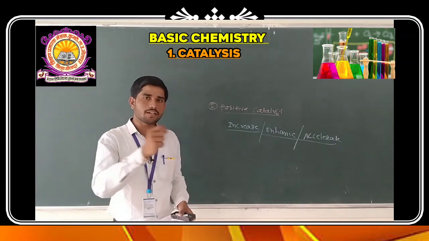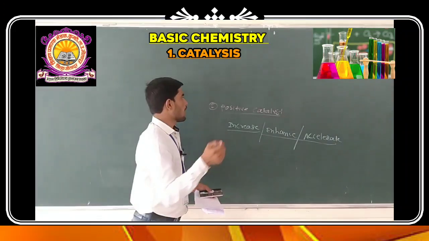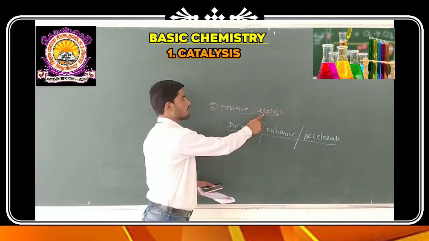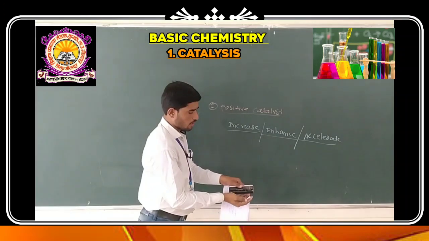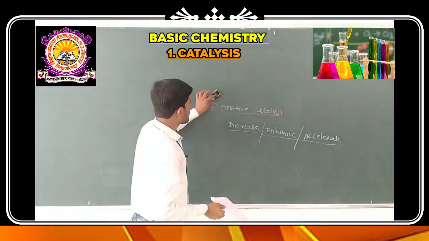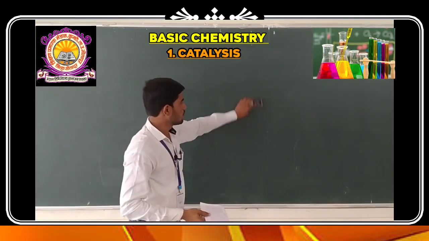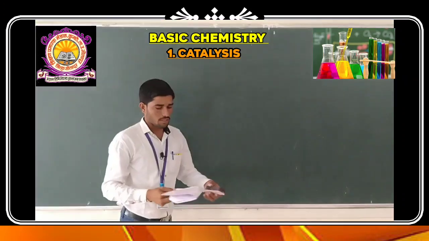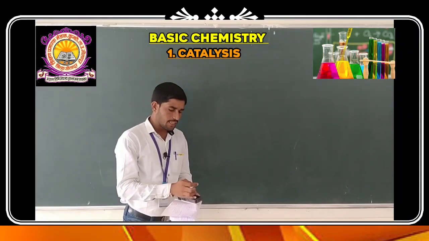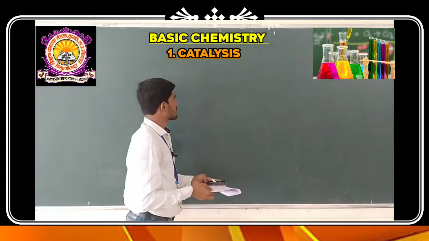We will take one very famous example and look at how positive catalysts act or take part in chemical reactions. Here I am going to consider one example of a chemical reaction where the indication of positive catalyst takes place.